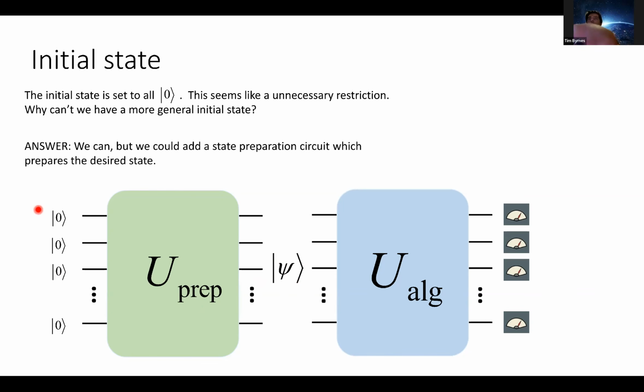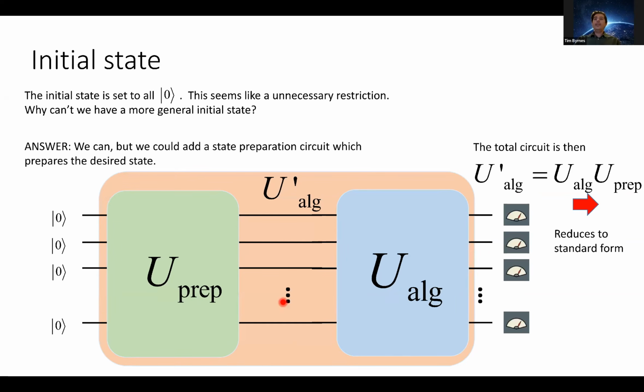So there's always some unitary step that we can go from here to here. So in that sense, we can just combine these two into one big algorithm, and start with 0, 0 as the initial state. So if we consider the preparation step to be part of the algorithm, then we can just lump it all together and say that that's our algorithm.